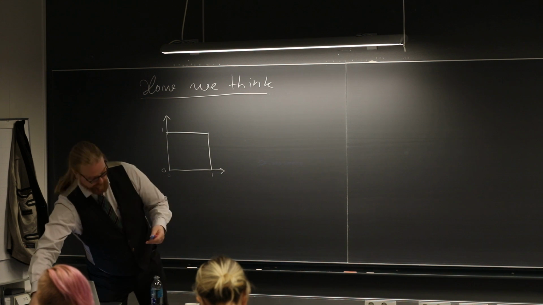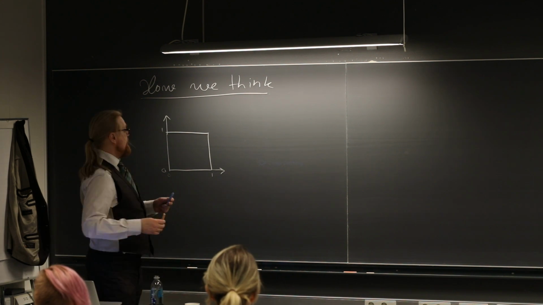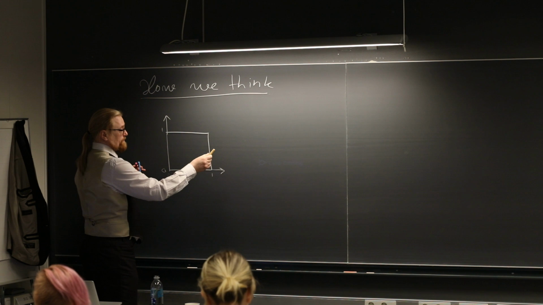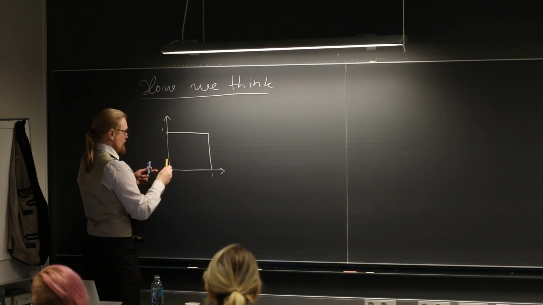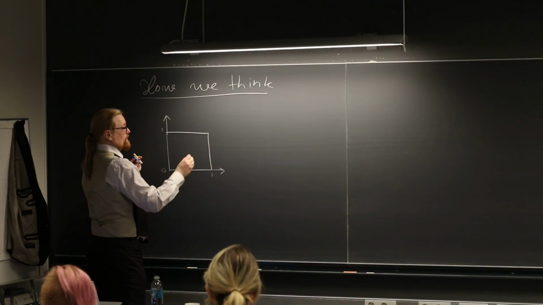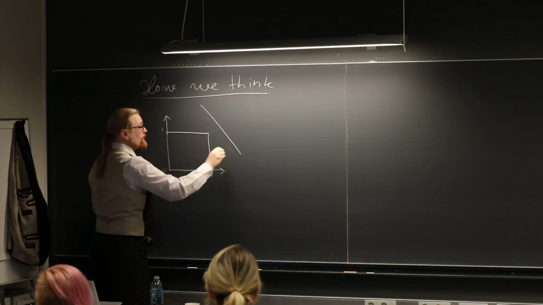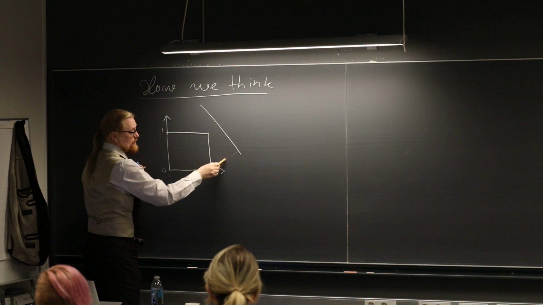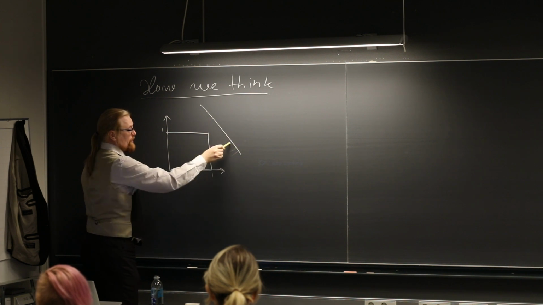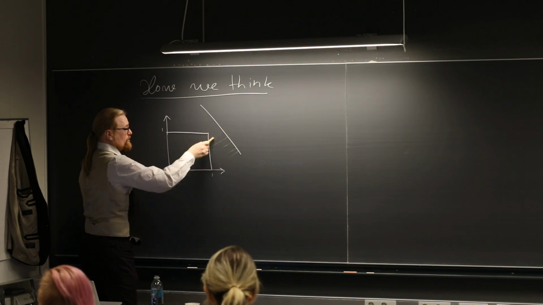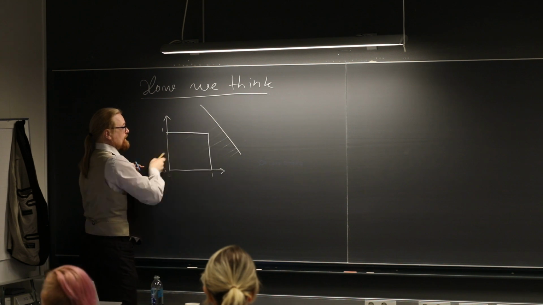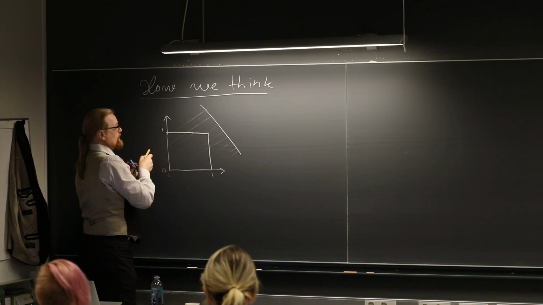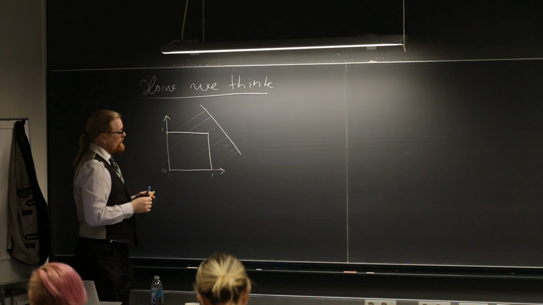Let me have one color for X-rays. So we are thinking that we have a detector, let's say here, for a given direction of X-rays perpendicular to the detector. So we are thinking of measuring data like this. We have some function here inside.